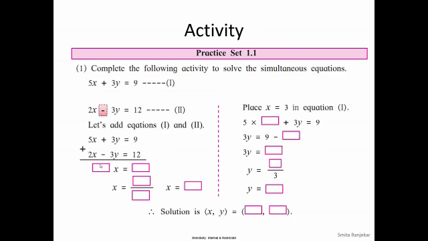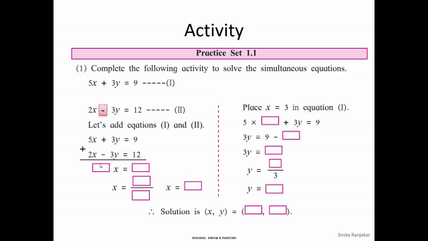Therefore x is equal to 3. Place x is equal to 3 in equation 1. So 5 into 3 plus 3y is equal to 9. 5 3s are 15. So 15 plus 3y is equal to 9.